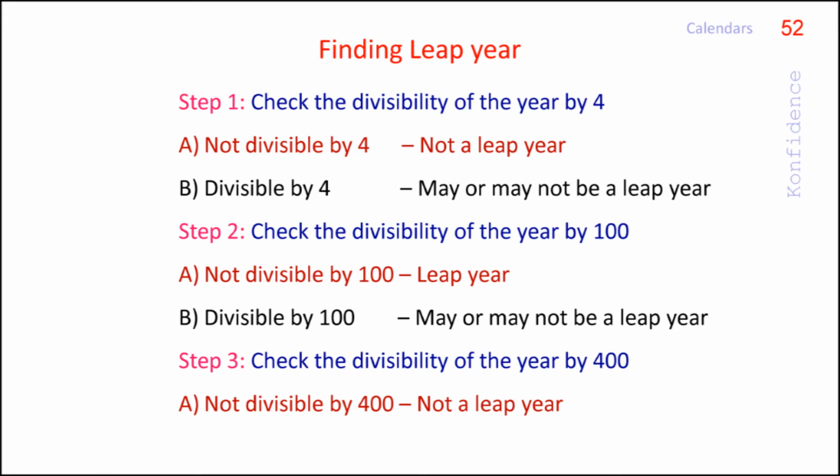Example 1900. Such years are not leap years. B. It is divisible. Then the year is a leap year. Here, the year is divisible by 4 and by 400. It is definitely a leap year. Please look at the flowchart given in the next slide for further clarity on this.